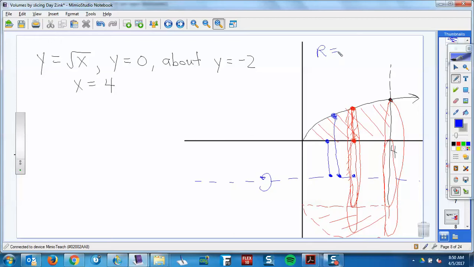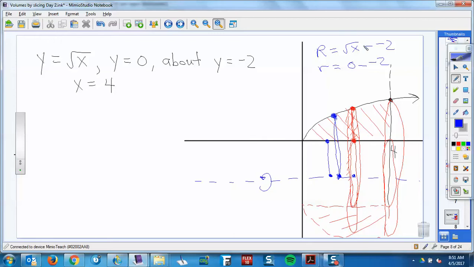I think it's really important to get in the habit of writing these down first and then putting them into your integral. So what's big R? Top minus bottom. So what's this y value? Root x minus negative 2. What's little r? 0 minus negative 2.